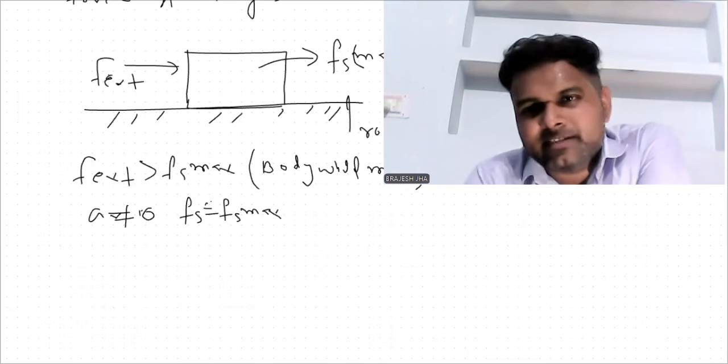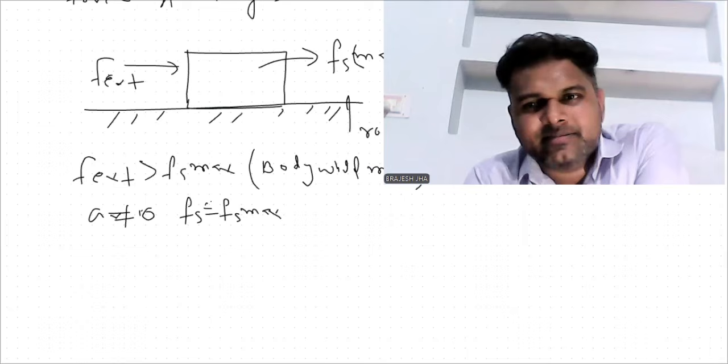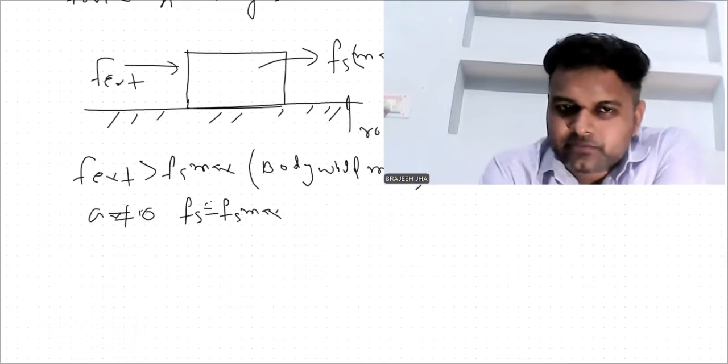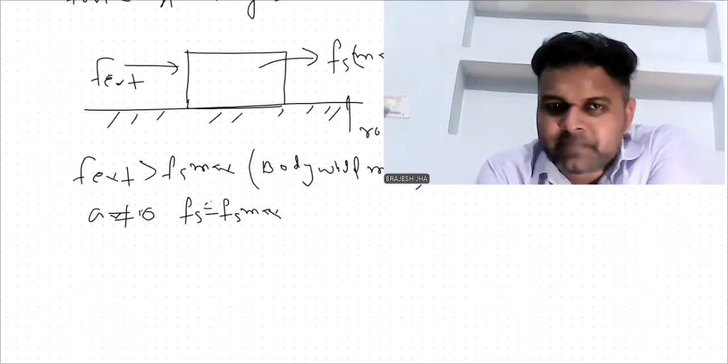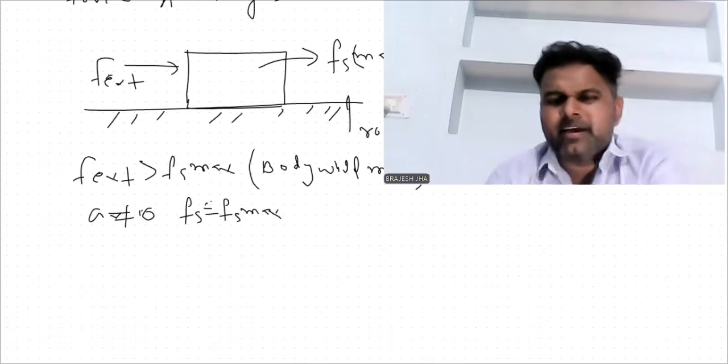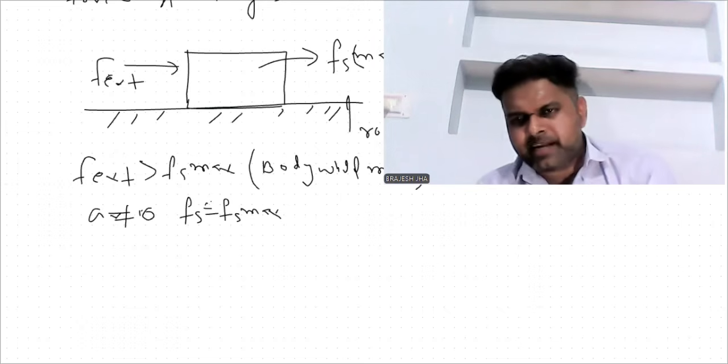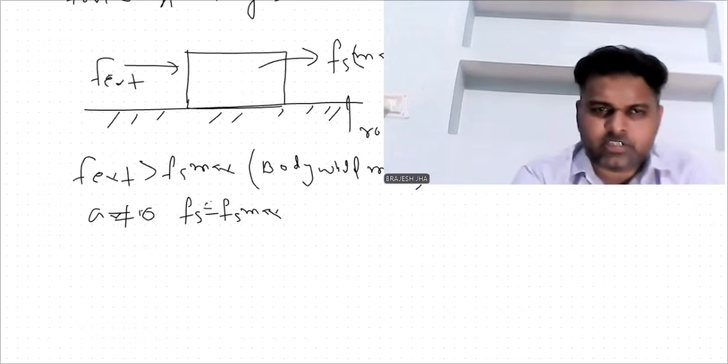So I'm telling you, I deal with the easy case. I applied more force. So F external greater than Fs max means the maximum friction force will be applied by the body. So acceleration is not zero.